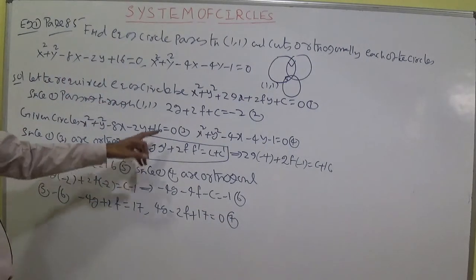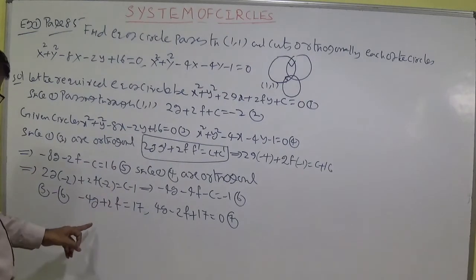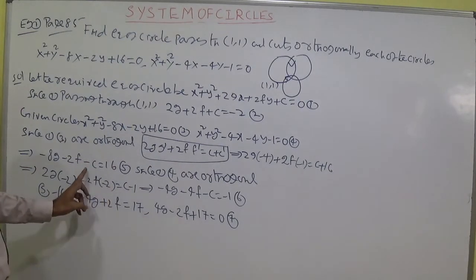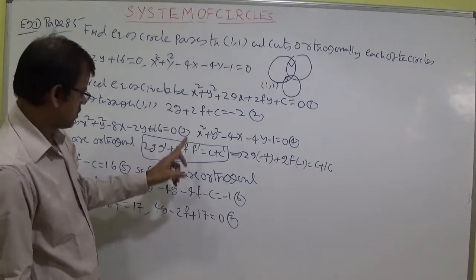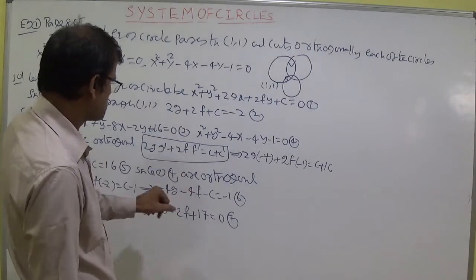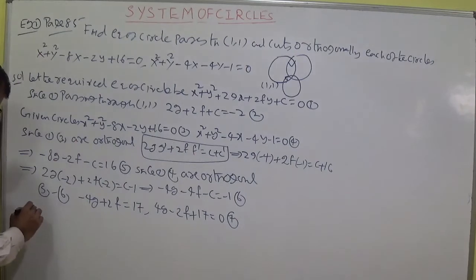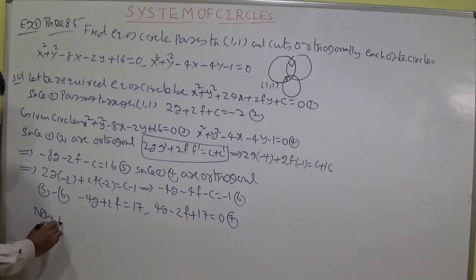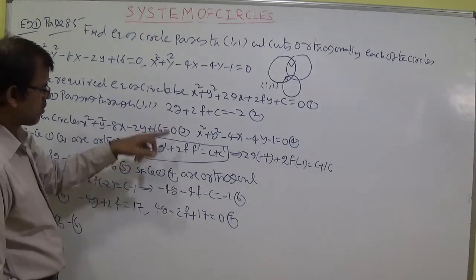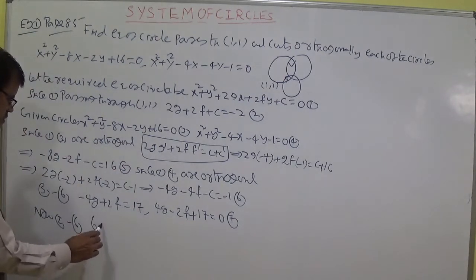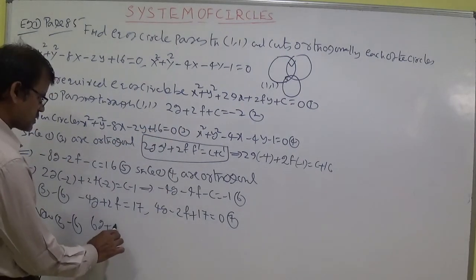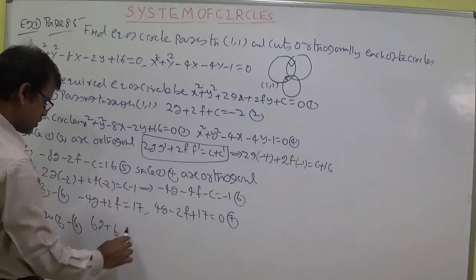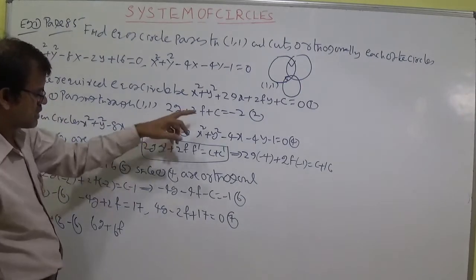Later, from the second equation and this equation, c can get cancelled. Otherwise, 2 minus 6 is better. Now I am writing 2 minus 6: 2g plus 4g becomes 6g, 2f plus 4f is 6f, plus c.